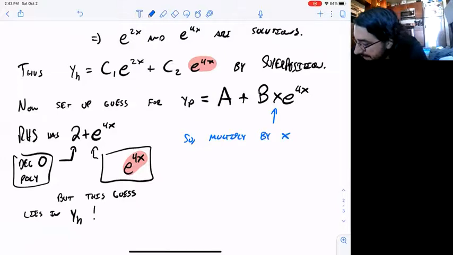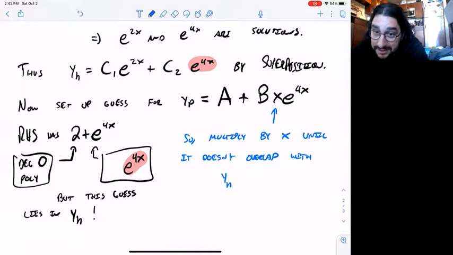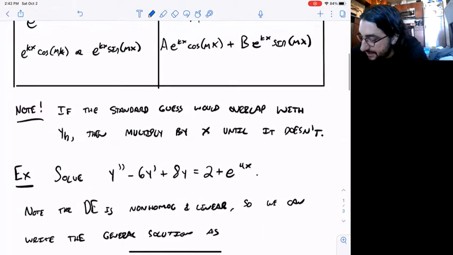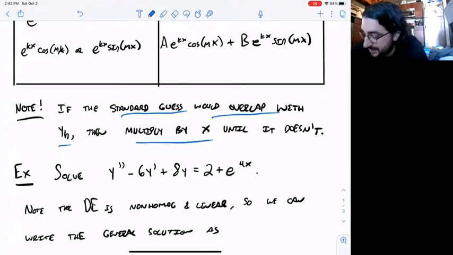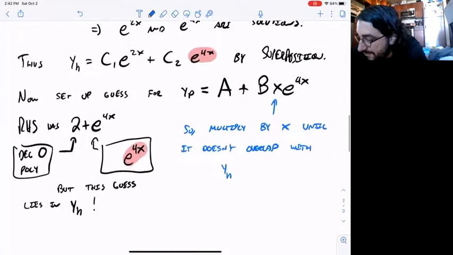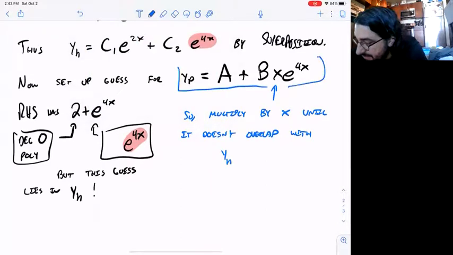You want to multiply by x until it no longer overlaps with the homogeneous. So x e to the 4x will be a good guess. So that's this phrase up here, where I say the standard guess would have overlapped with the homogeneous, so multiply by x until it doesn't. That's what we just did here.